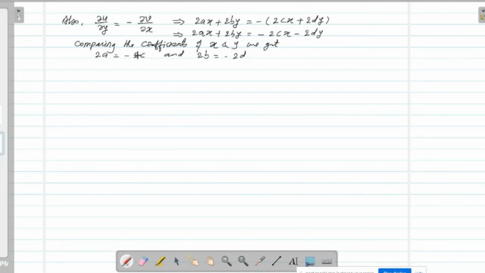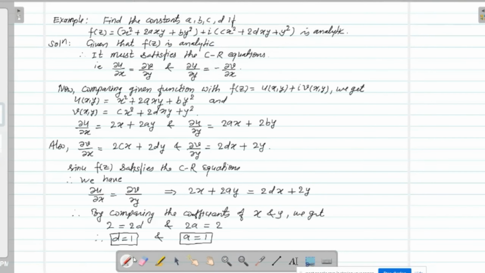Here 2 and 2 cancel, so we get a is equal to minus c, and from this b is equal to minus d. But we found the values of a and d, which is 1.